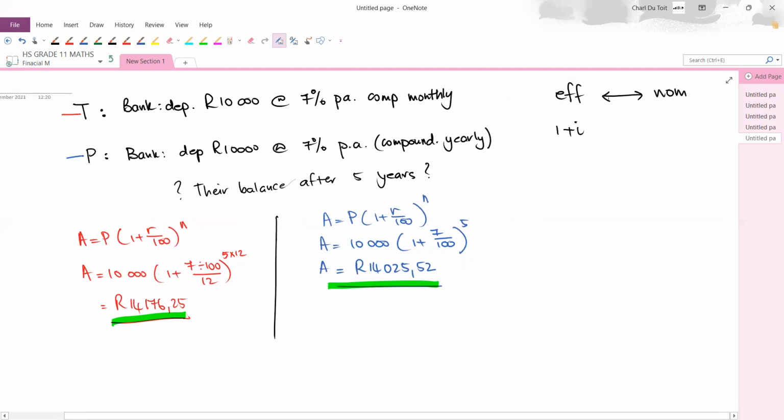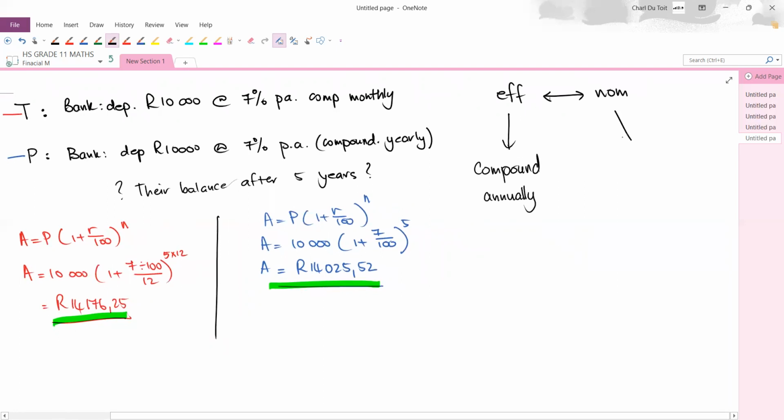Now, an effective rate basically is a yearly rate. This means compounding yearly, annually. And nominal is all the rest.